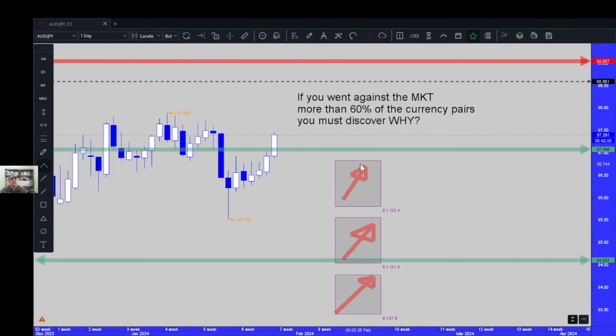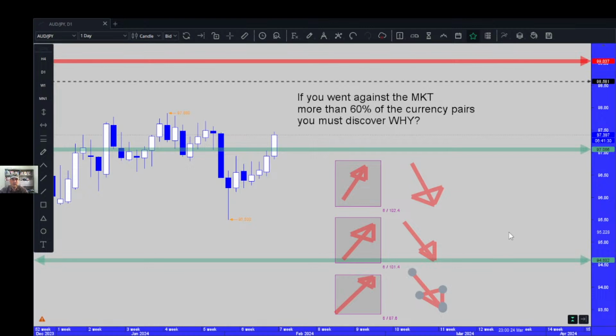But example, you had buy, but the market went down on one currency pair, and the market pushed down on the second currency pair, and the market pushed down. So against your prediction, everybody, and if this happens more than 70%, 60%, you must discover why.